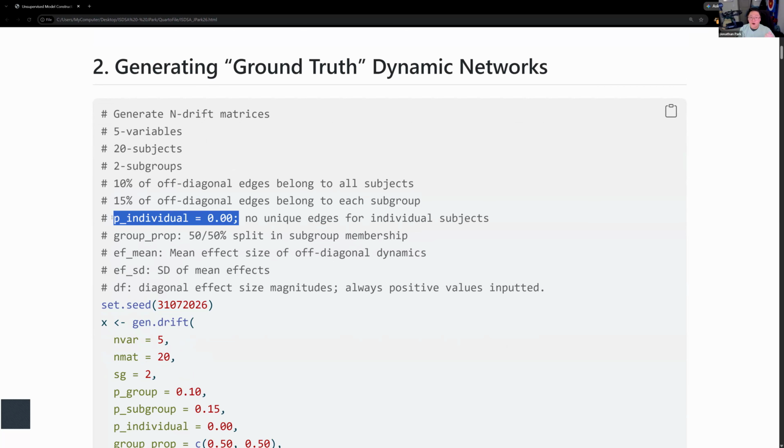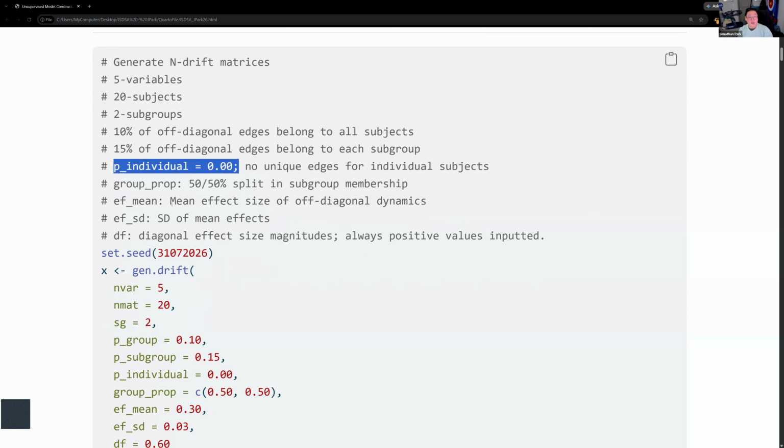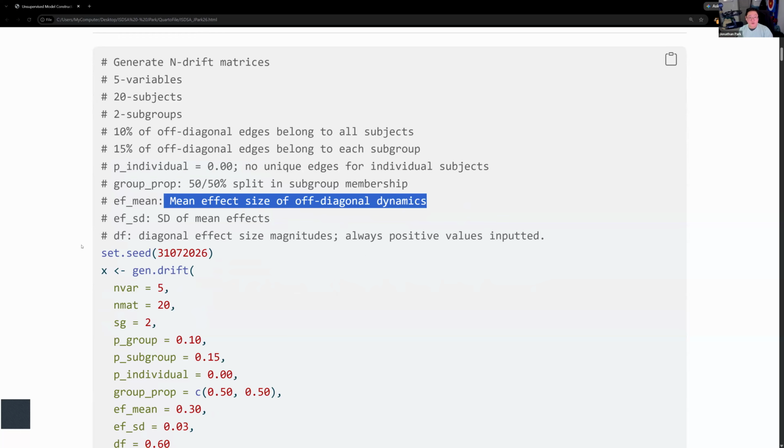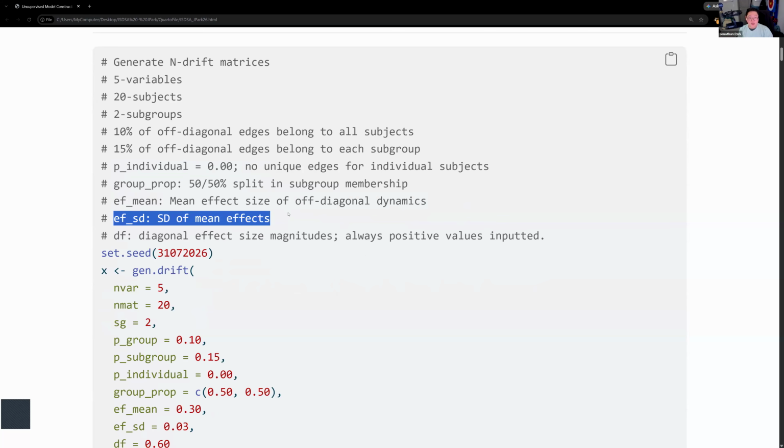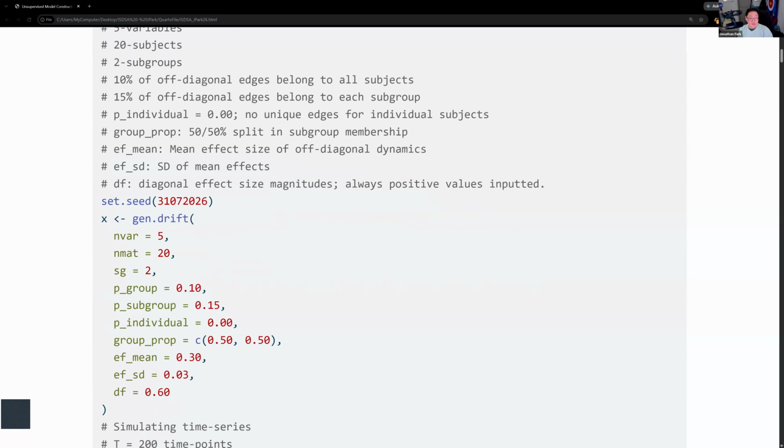If we turn this on, individual subjects will have person-specific paths in addition to the group and subgroup level paths that they have. There's a mean effect size that we want for our dynamics and a standard deviation applied to that. So let's say I want an average effect size of about 0.3 with a standard deviation of about 0.03. Then we'll have some range of effect sizes.